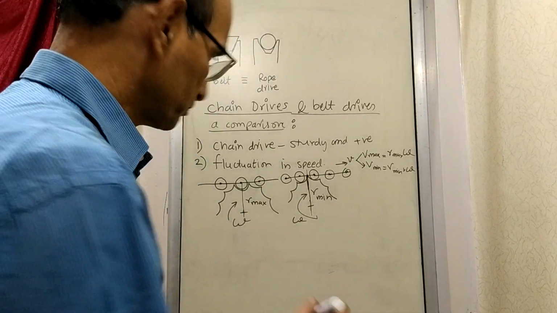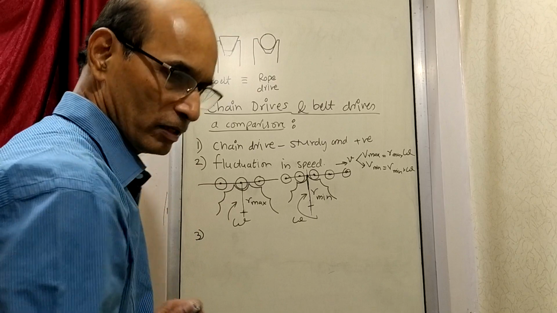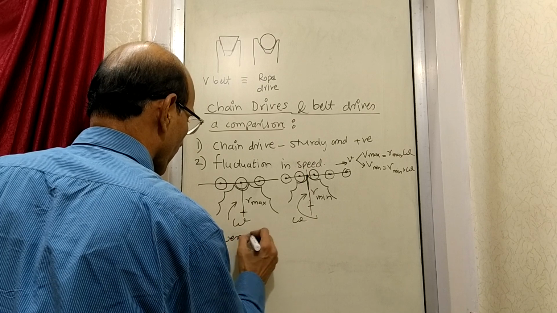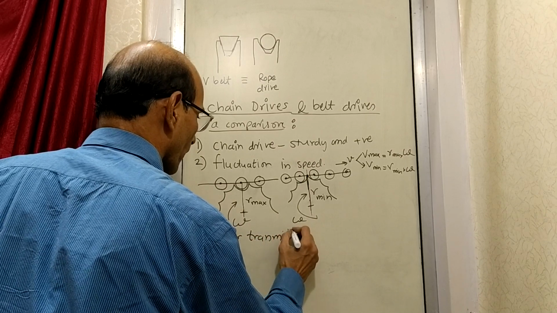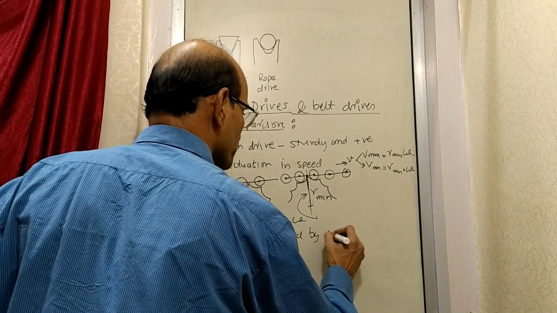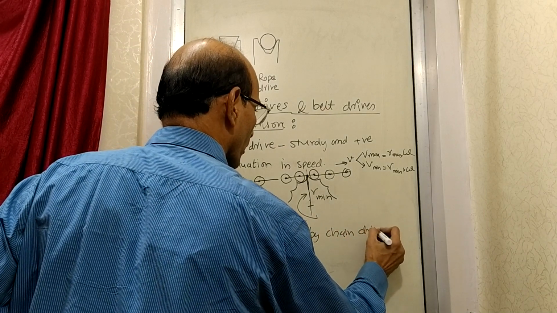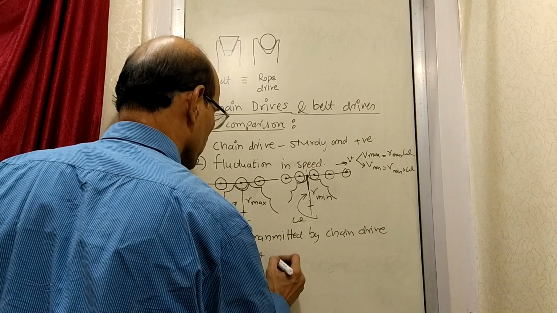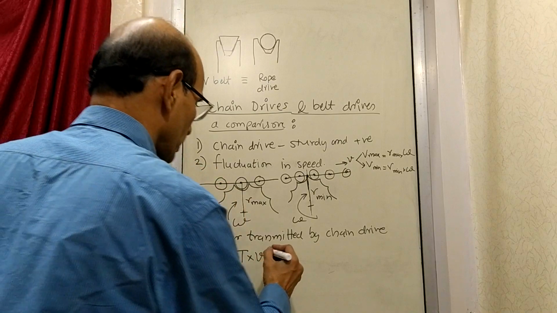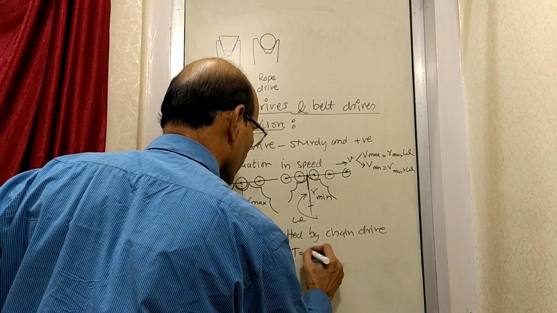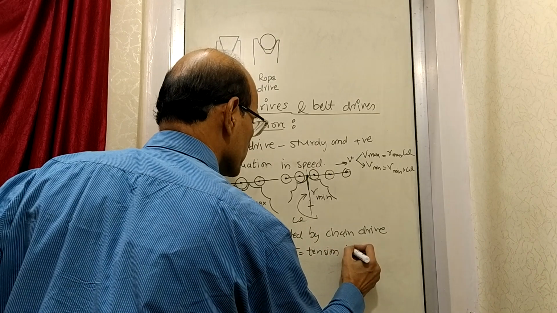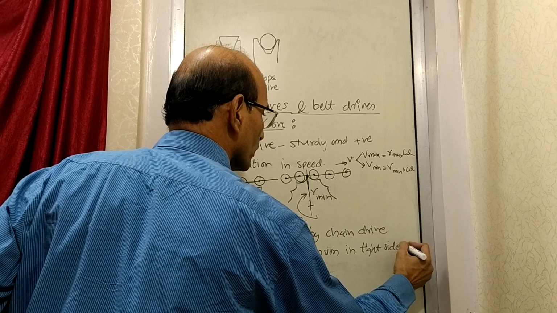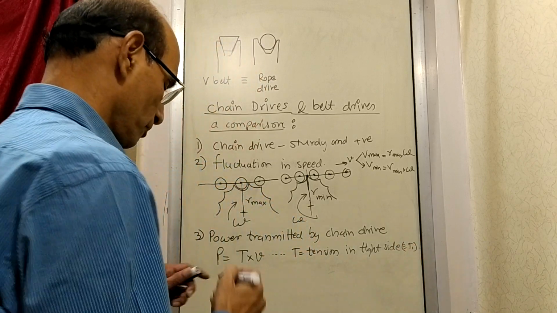Now the next point, you can write down again: power transmitted by chain drive is given by P equal to T into V, where T is the tension in the tight side, which is similar to T1 in the case of belt drive.